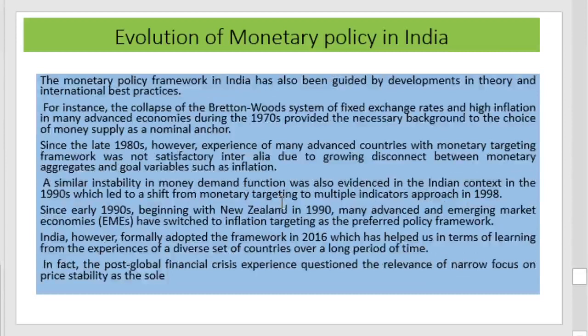The monetary policy framework in India has also been guided by development theory and international best practices. For example, the collapse of the Bretton Woods system of fixed exchange rates and high inflation in many advanced economies during the 1970s provided the necessary background to the choice of money supply as nominal anchor. Since the late 1980s, however, the experience of many developed countries with the monetary targeting framework was not satisfactory.